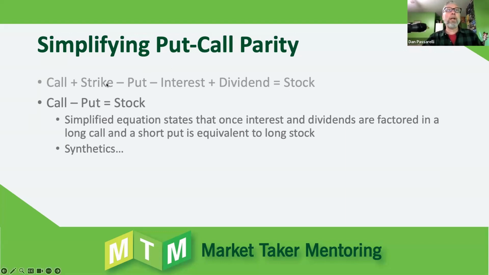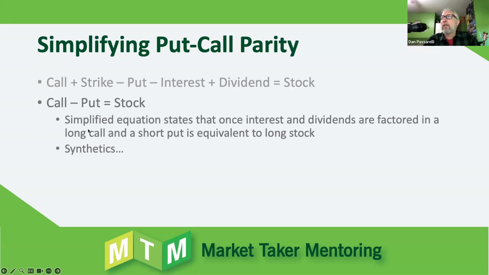We know interest plays a role. We know dividend plays a role. All I really need to know as a trader is if I'm long a call and short a put, that is the same as being long stock. This is a simplified version of the equation. It's less mathematical, but it's more trader think, or at least how my trader brain thinks.